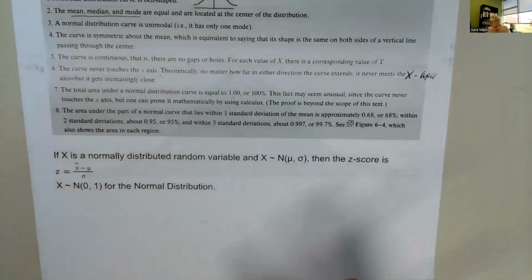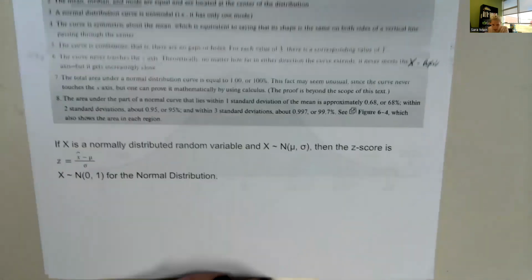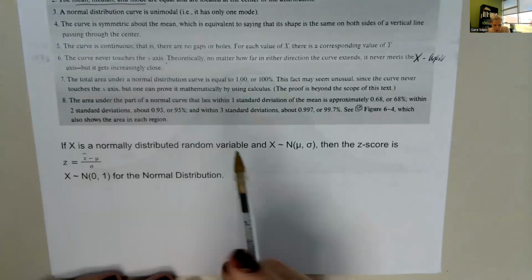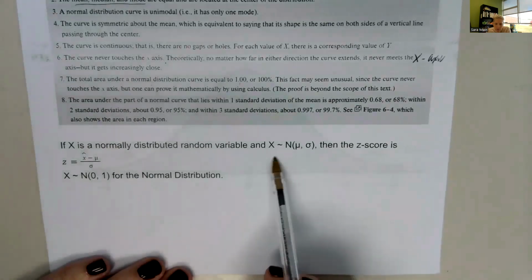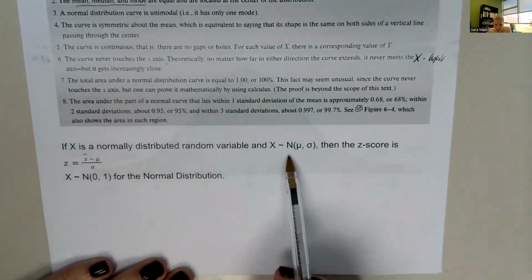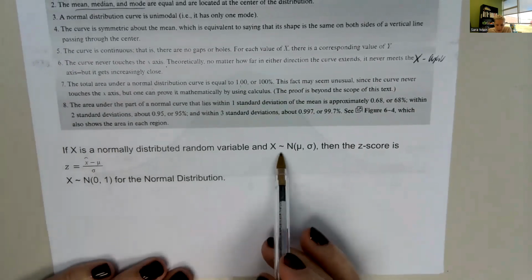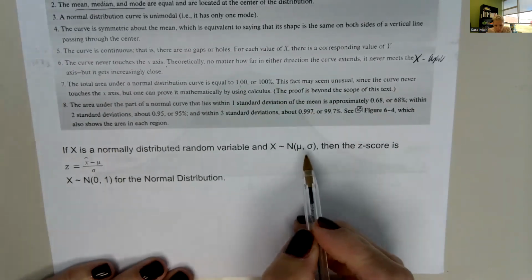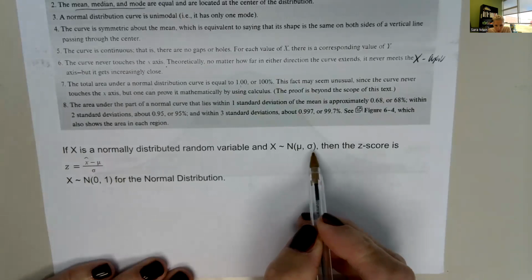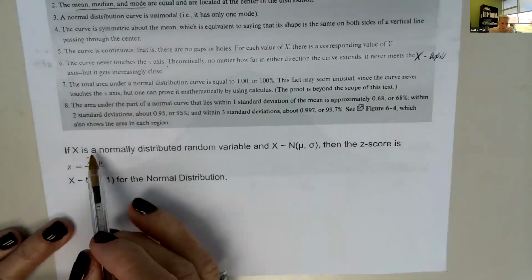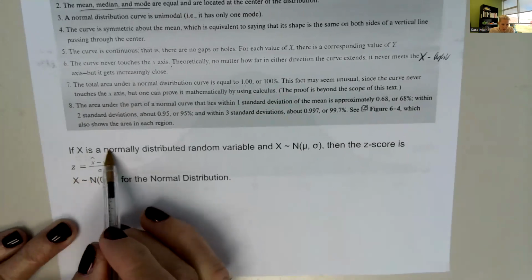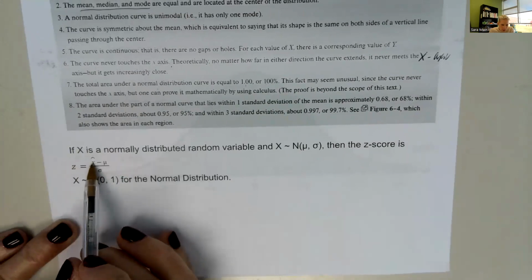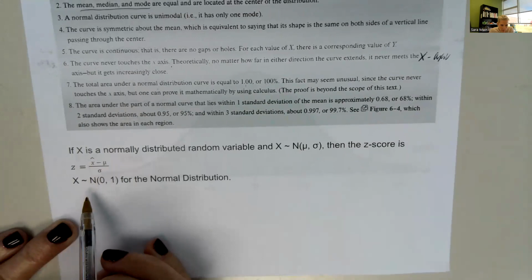Just like in Chapter 5, there was a notation for the binomial distribution, we're also going to have a notation for the normal distribution. And that notation is X is normally distributed with mean mu and standard deviation sigma. And our z-score is found like this: the X observation subtracting the mean, divided by sigma.